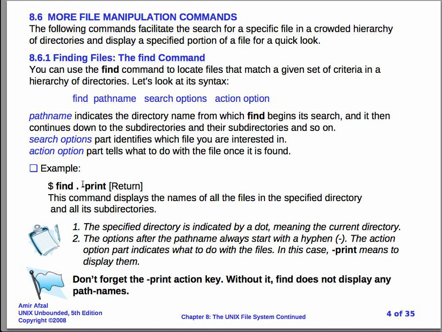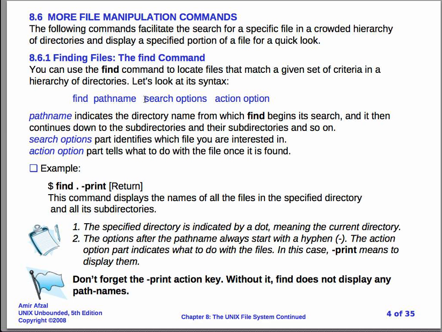And it used to be that this command would find things, but it wouldn't actually show the results unless you had a minus print. But these days it turns out you don't need that anymore. So the book shows you the way find was set up, that you had to have an action. So you had to always have find and a particular path, a particular location where you start looking for a particular file.